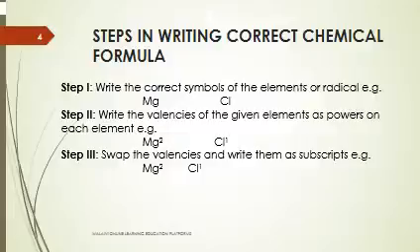Likewise, magnesium's valence of 2 will swap to chlorine as a subscript. So this is what happens. 1 has gone to magnesium as a subscript, and 2 has gone to chlorine as a subscript.